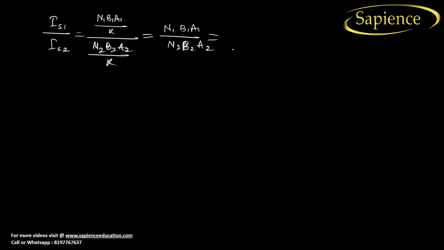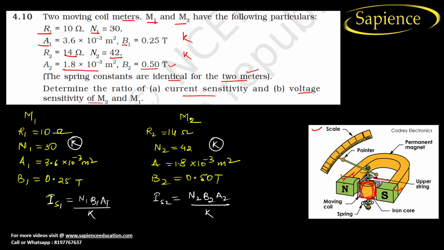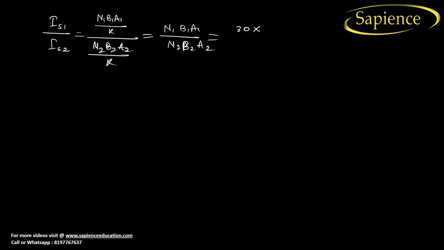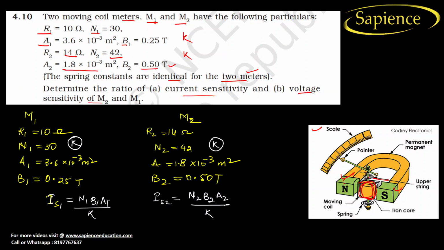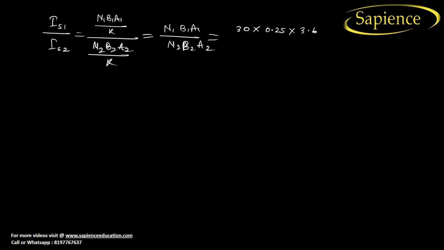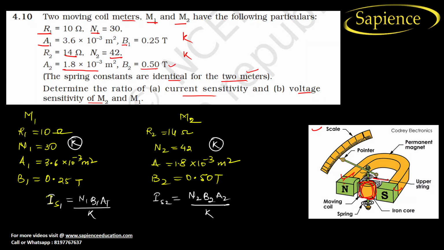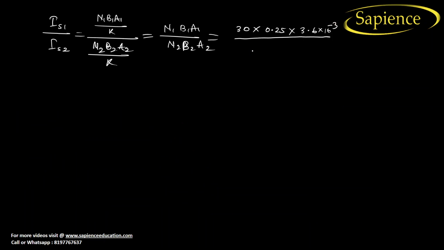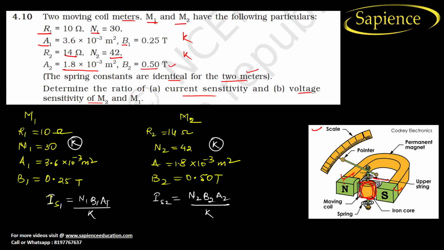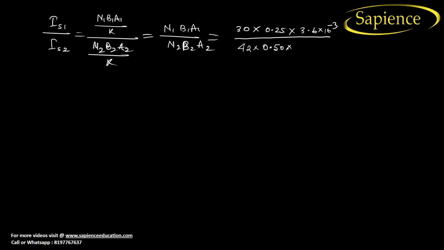So just put the values here. N1 is 30, into B1 is 0.25, into A1, which is 3.6 into 10 to the power minus 3, divided by N2, that is 42, B2 is 0.50, into area 1.8 into 10 to the power minus 3.